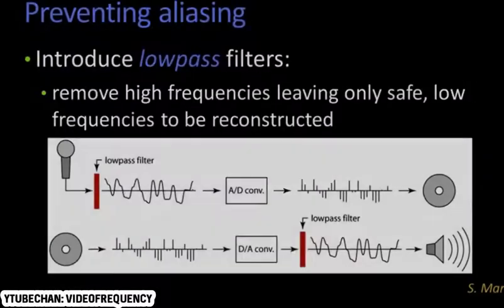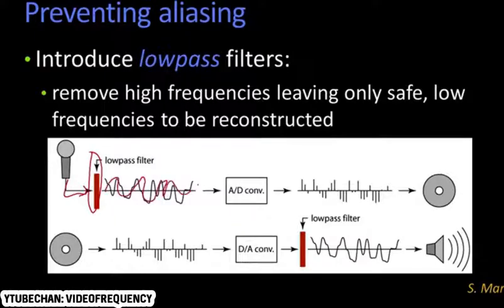So let's talk about that real quickly in our audio example. What we're going to do is introduce low-pass filters. And what the low-pass filter is going to do is we're going to put that right here, where the analog voltage is coming out of the microphone, so that the signal that goes into the A to D converter doesn't have frequencies higher than a certain amount. We'll say, okay, great.